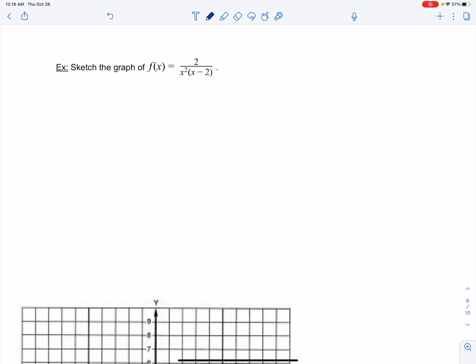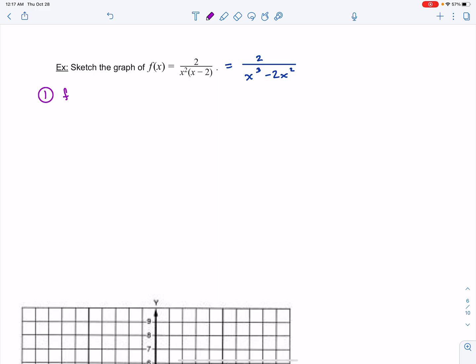So, first thing you want to do is make sure that your function is in standard form, numerator and denominator. Numerator is fine. Denominator, if you multiply it out, you get x cubed minus 2x squared. So now we want to see about our intercepts. Do we have a y-intercept?